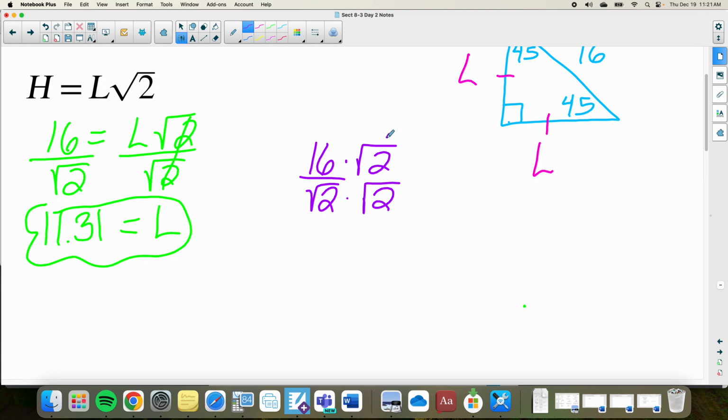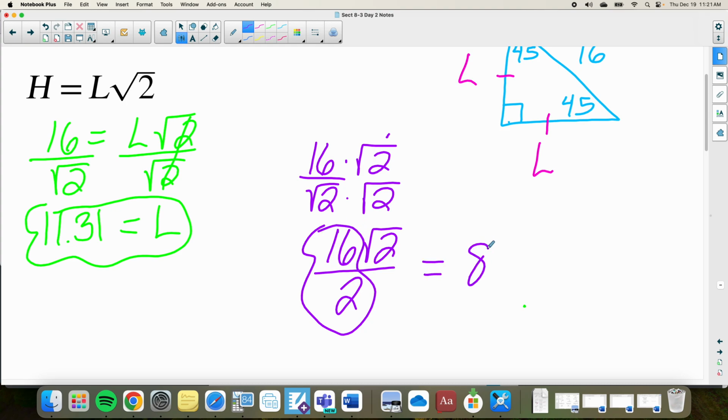So on top you get 16 root 2, and then on the bottom root 2 times root 2 is 2. Can you reduce 16 over 2? Yes, and that would be 8 root 2. So again, you only need one of those answers.